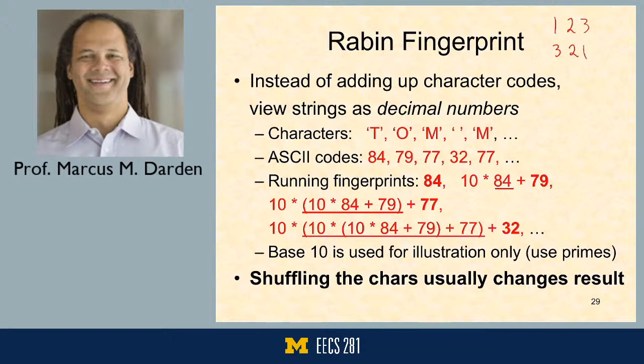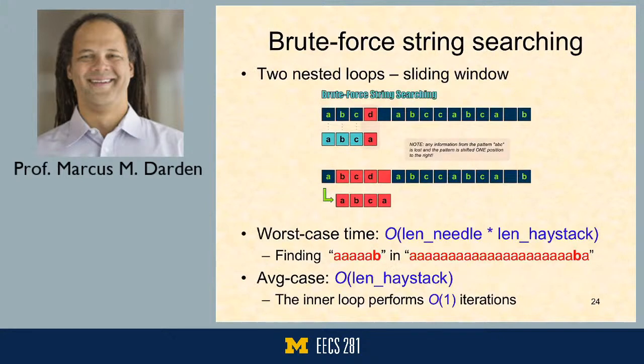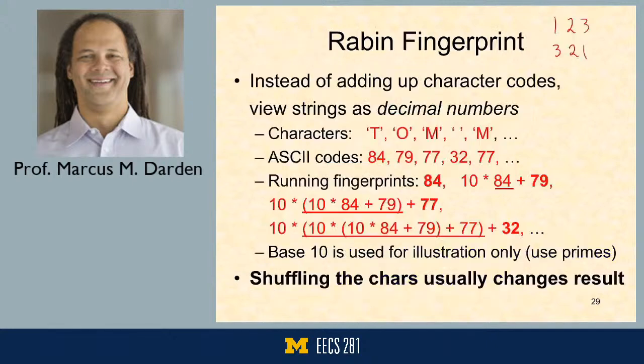In this particular example, we're going to use a simple value like 10, just because humans think in tens most often. 10's an easy way to do this. So I wouldn't actually use 10 in a real Rabin fingerprint. I would use a larger number here, but I'm using 10 just to make this simple.